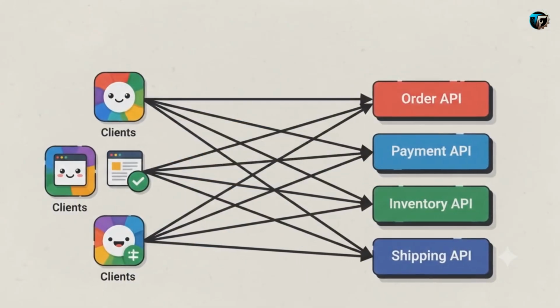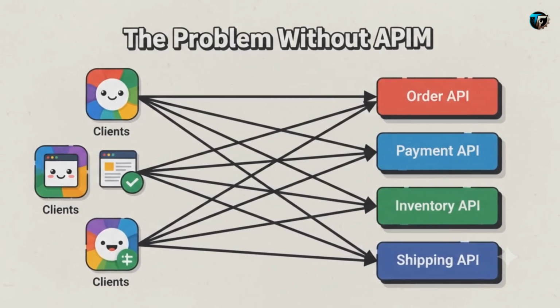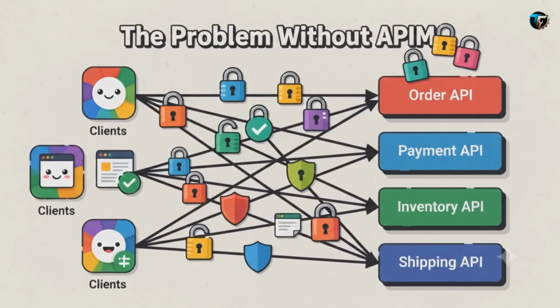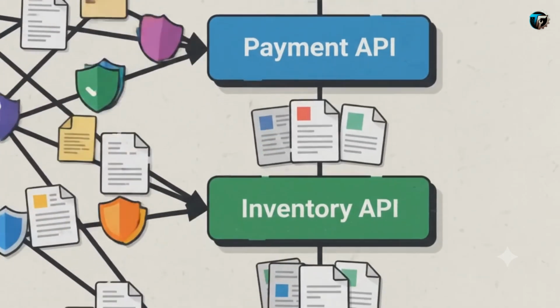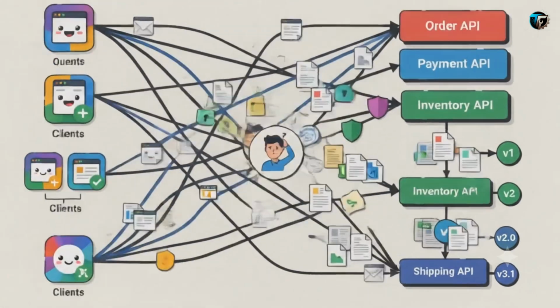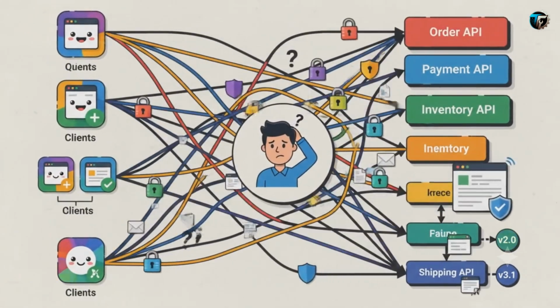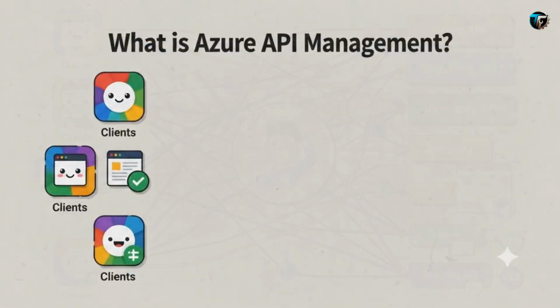Without API management, every application connects directly to every backend service. Each API has different authentication, different security, different documentation, different versions. As applications grow, managing APIs becomes extremely difficult.